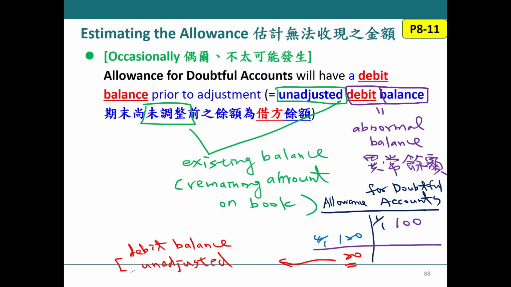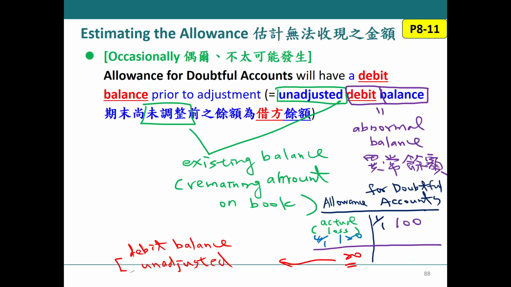So your actual loss, 120. So 120 is your actual loss. I expect only 100 risk, but what actually happened is the risk is 120. So it means actual loss is higher than your expectation. Okay? So this $20 means what?